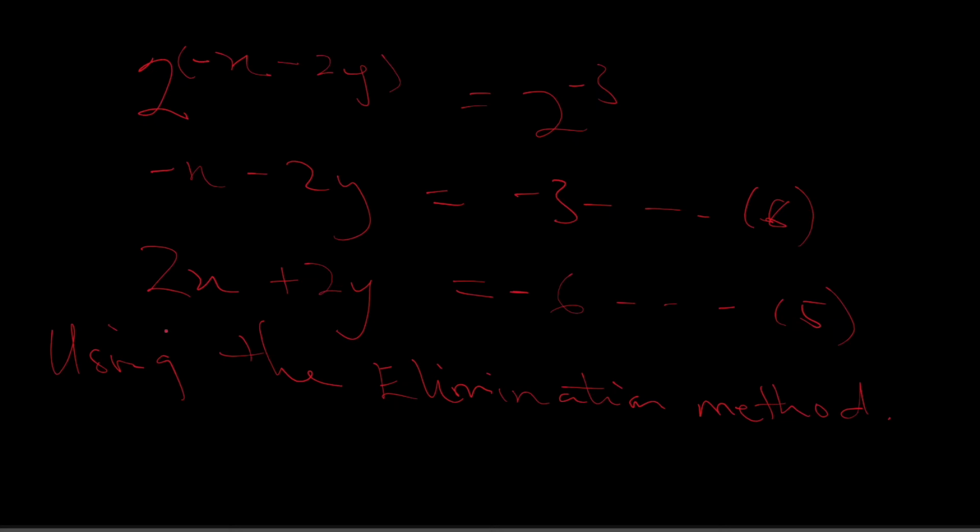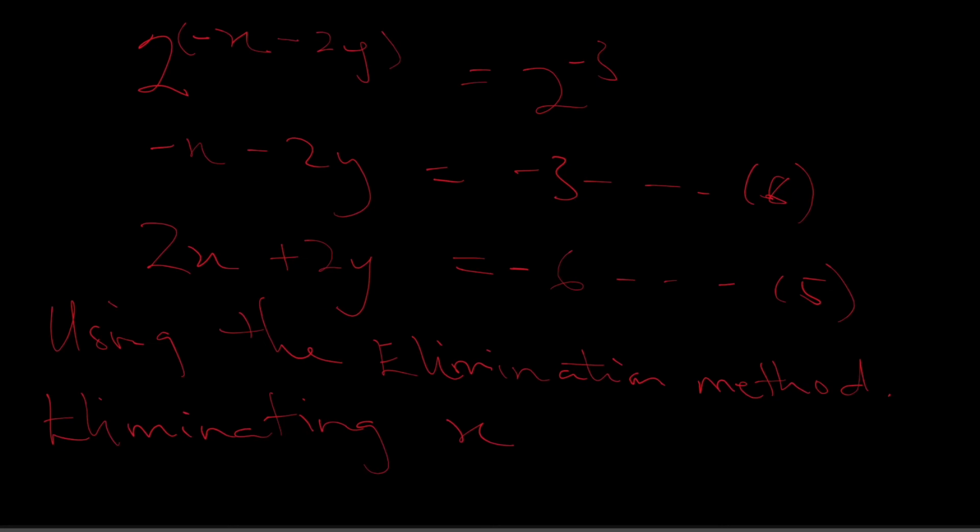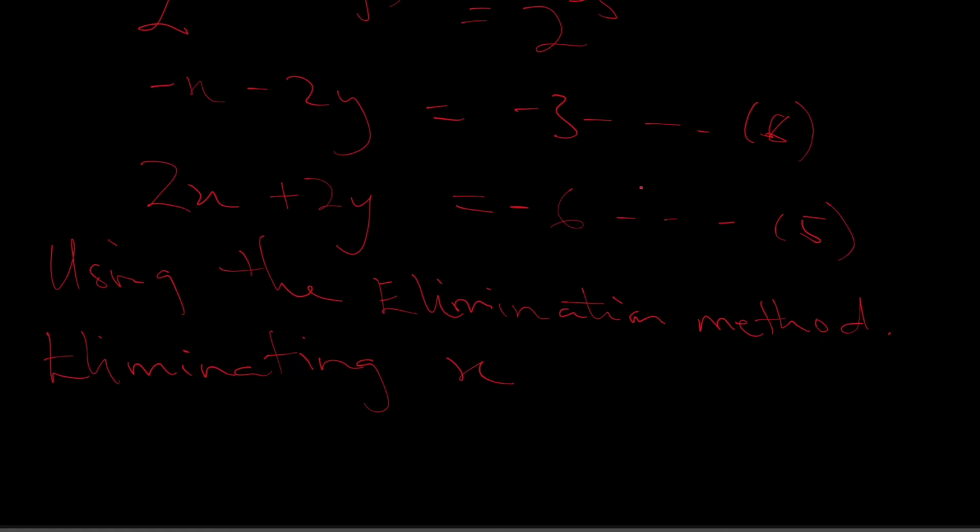So what we do is we are trying to eliminate x. Now in equation 6, x has a coefficient of negative 1, but in equation 5, x has a coefficient of 2.